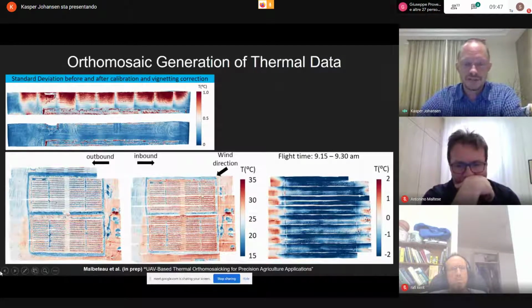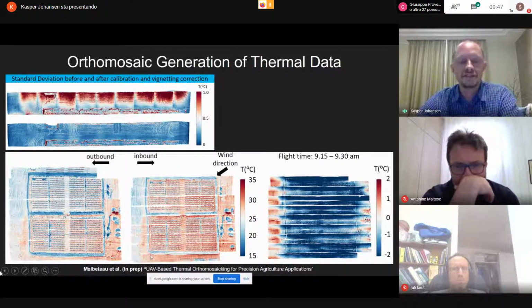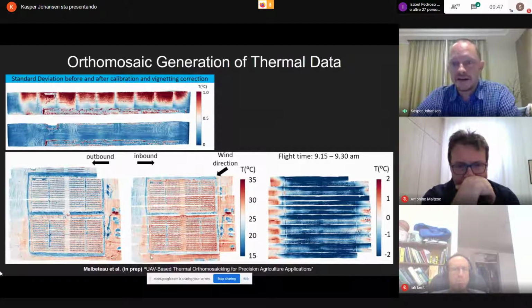You'll also notice that if you start from the top and look further down towards the bottom of these thermal plots, there's a slight increase in temperature, and that was because the temperature increased from when we started flying at 9:15 until we finished at 9:30.